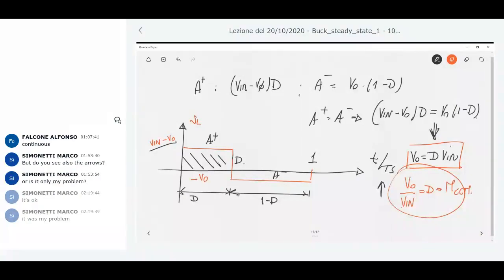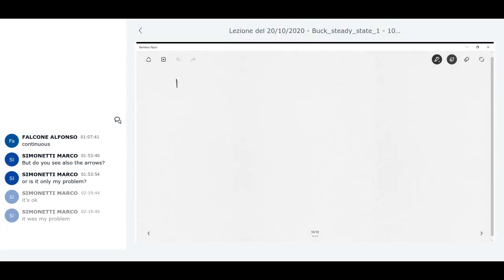So now that we have obtained these important results, that the continuous conduction mode conversion ratio is D, we can derive the small signal parameters that I defined in the introductory lectures as important parameters to evaluate the performance of converters.